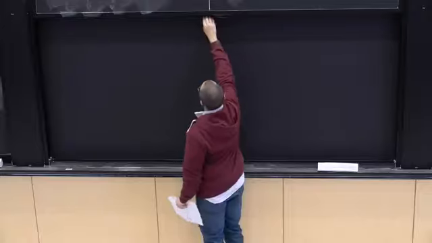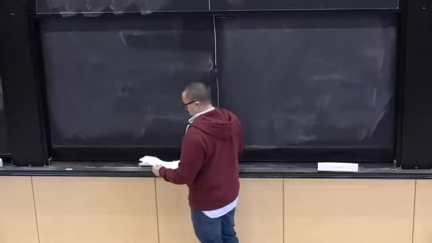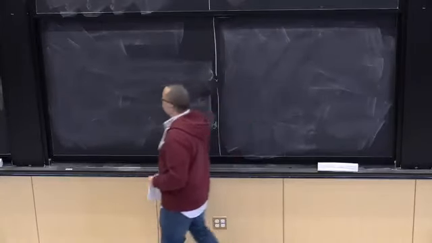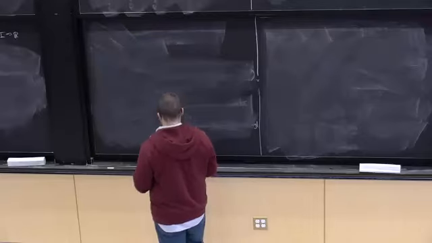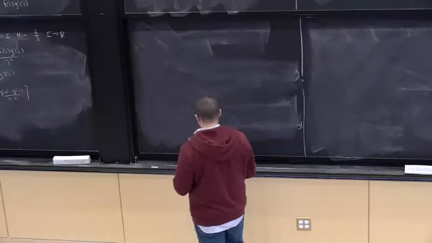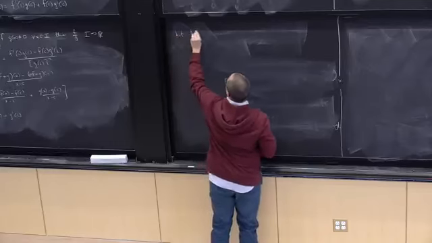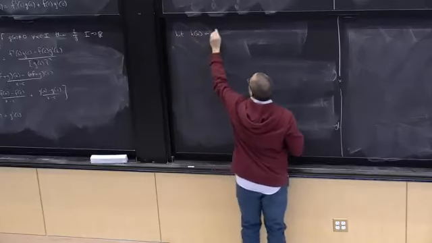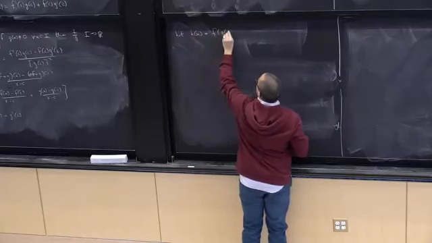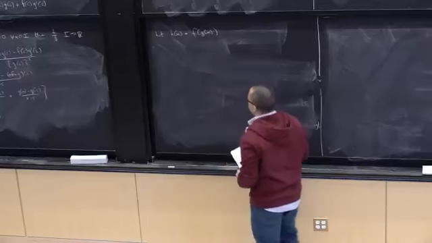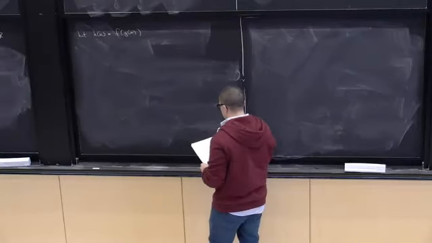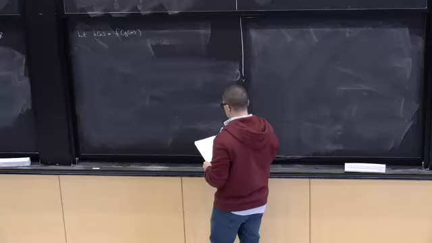So to implement this strategy, let's introduce some notation and a few auxiliary functions. First off, the function we're interested in, f of g, let me call that h of x, because I don't want to keep writing f of g of x.